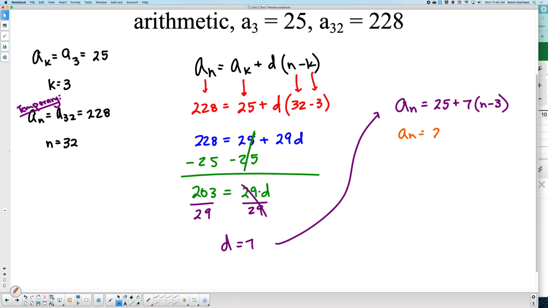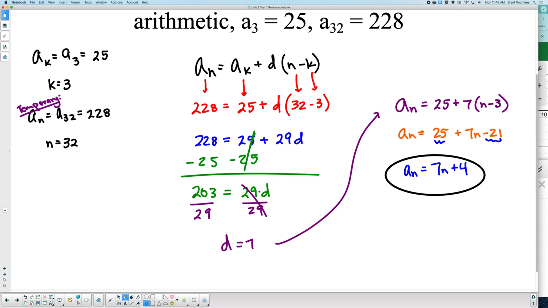You distribute. You could say it's an equals 25 plus 7n minus 21. And you could actually combine those like terms and end up with the equation an equals, I'm going to put the n first, I like n first, 7n, what's 25 minus 21? 4. You could simplify this equation all the way to there if you wanted to.